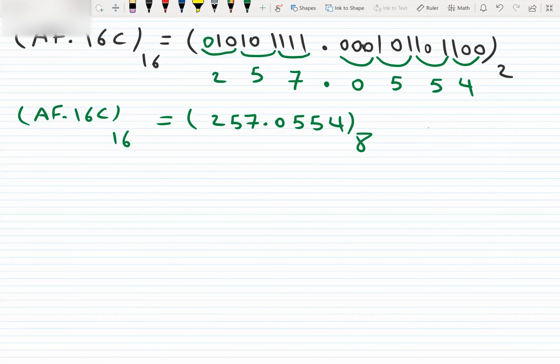One other example. Let's convert 1023.231 from base 4 to base 5.